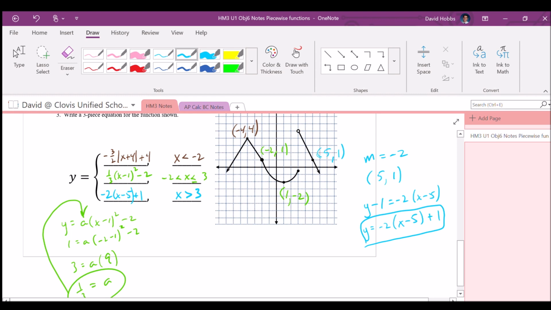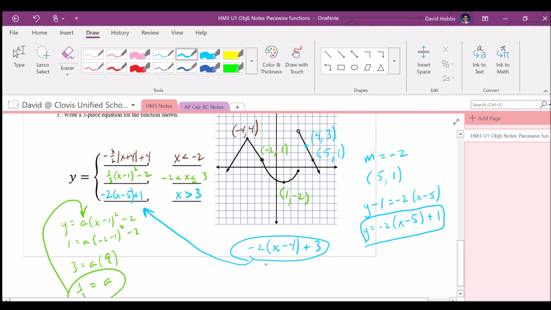Now, somebody else might be saying, well, what if I didn't choose the 5, 1? What if I chose instead the 4, 3? Well, then negative 2 times x minus 4 plus 3 is really the same thing, as long as you clean it up.